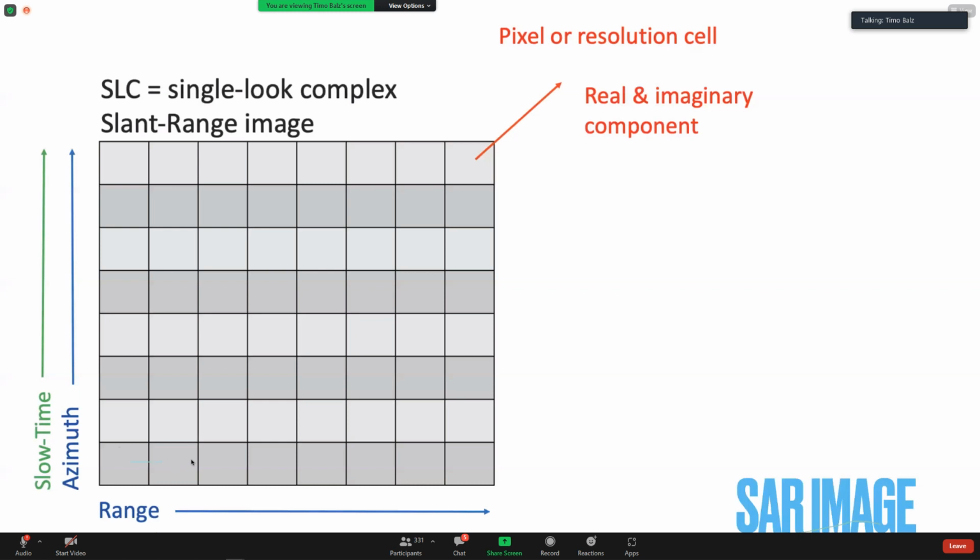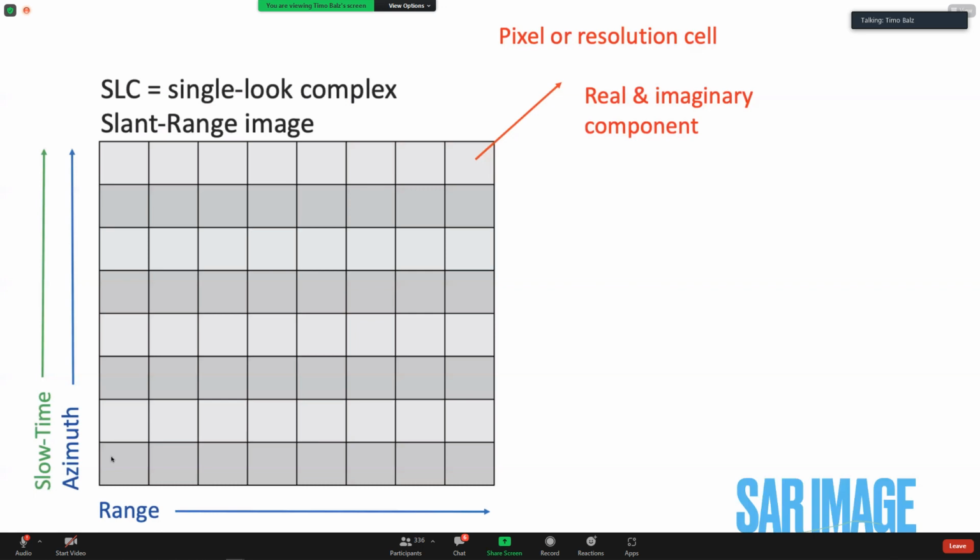So in range direction, that is given basically with the speed of light. The time difference from one pixel to another is a very small time difference because it's the speed of light difference between these pixels in range.